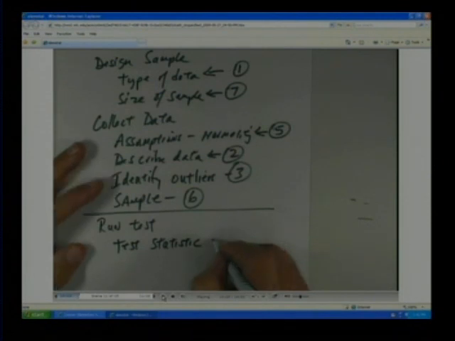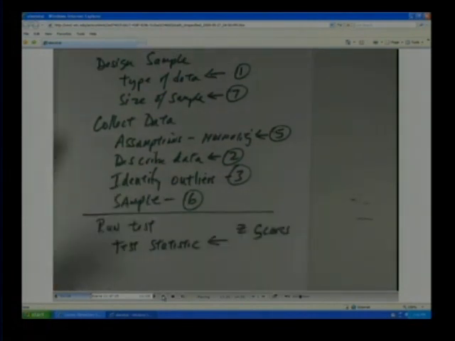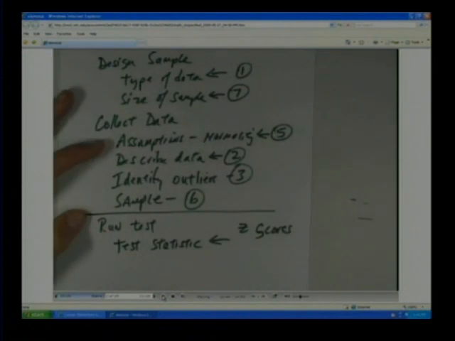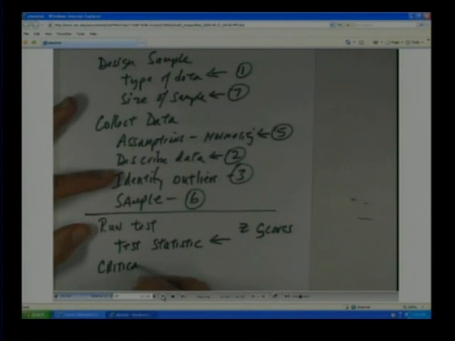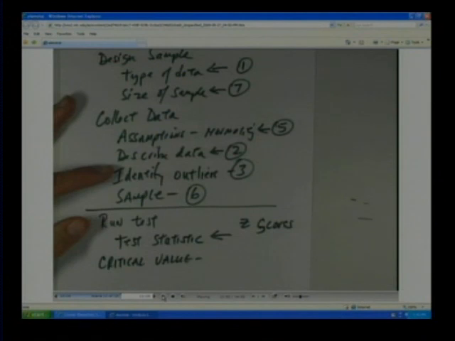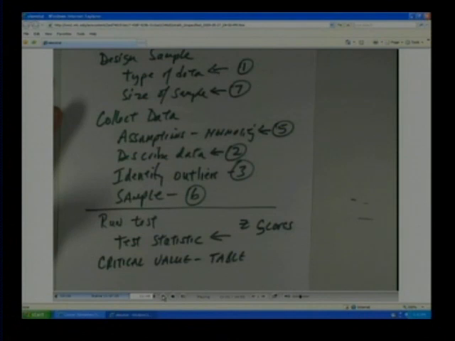And we spent a lot of time in the course talking about the calculation of the z-scores. Most of the test statistics are going to have some form that's similar to that for the z-scores. And from that, that test statistic will then be compared to a critical value. Computer programs will give that, but up to this point what we've been using is the tables in the back of the book to look those up.